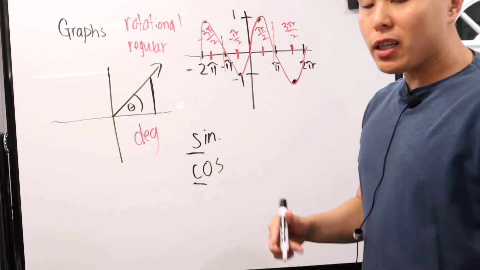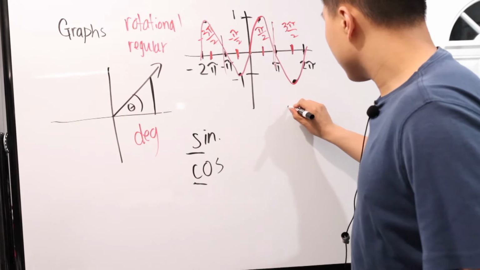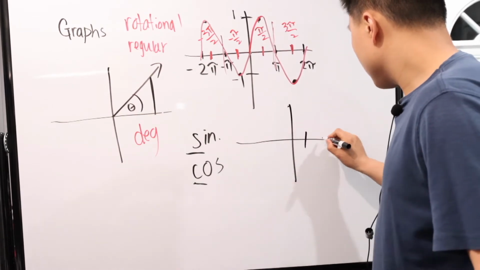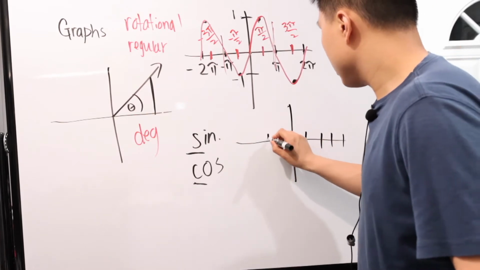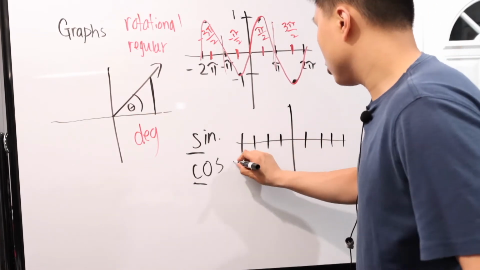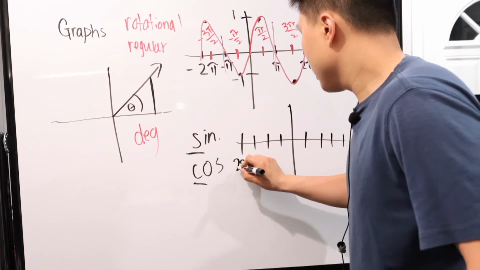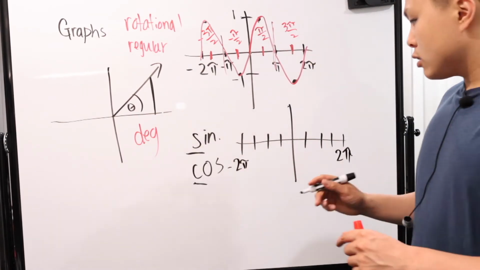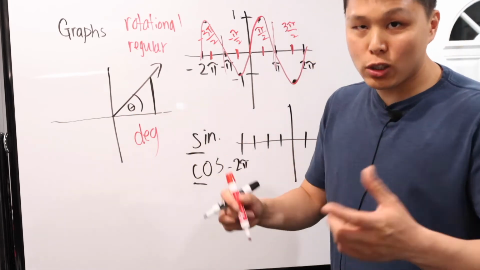Whereas if you're talking about cosine, let's just draw it on a different graph so you guys can see it and it's not all jumbled up. There's 4 of them, and then you guys can sort of label them with the 2 pi and the negative 2 pi, and so on and so forth. I'm not going to go into too much detail about that. And cosine is a C, so it should be symmetrical.